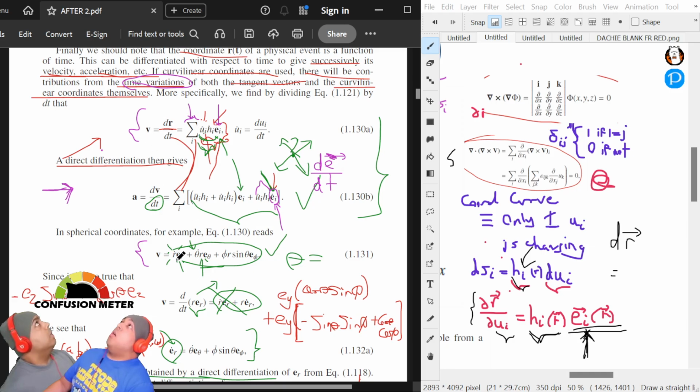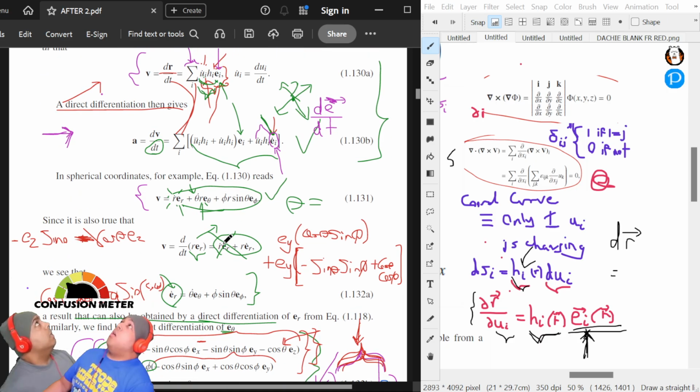So this is the first term. e_i is e_r, h_i is 1, I think, and then u_i dot, u_i is r, so r dot. The dot just means d/dt, differentiate with respect to time. Then we do this for this, and this for this. It makes sense so far.